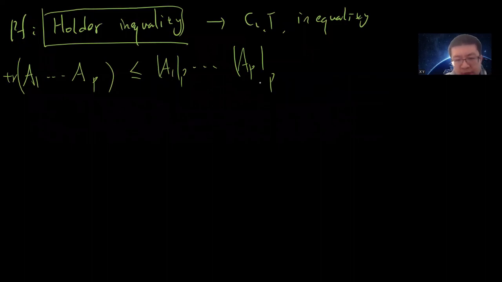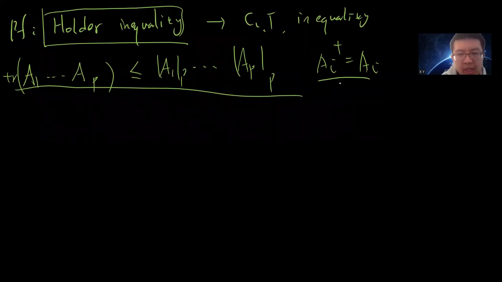I think it's true for non-Hermitian matrices, but for our purpose, let's just focus on Hermitian ones for convenience. You can see my proof is actually correct even if you don't assume this.